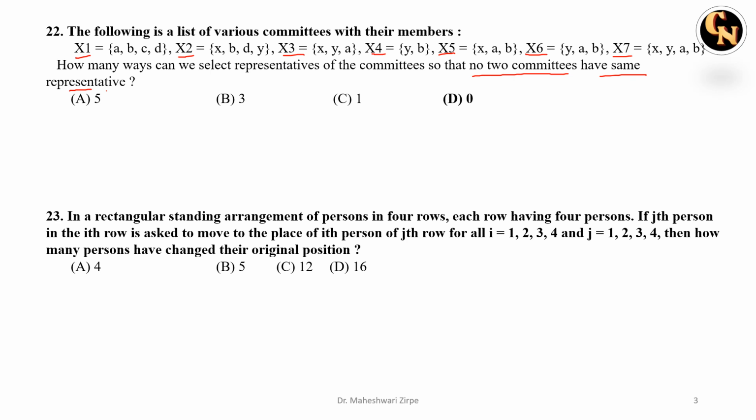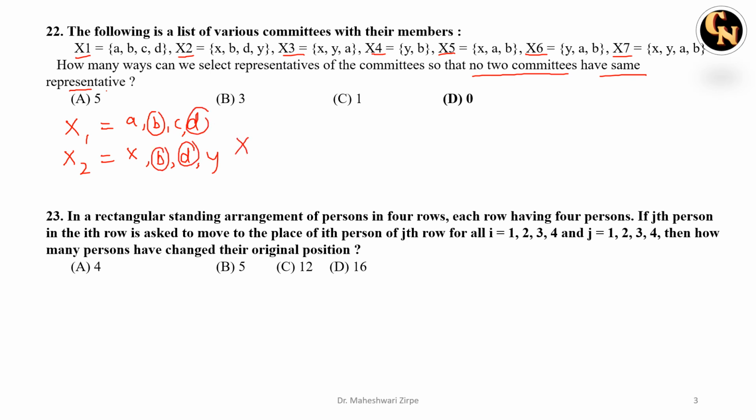So let us select first the X1 committee and X2 committee. X1 committee has A, B, C and D, whereas X2 has X, B, D and Y. And they are saying no two committees have the same representatives. Now if you see, B and D are common, so we cannot select this.